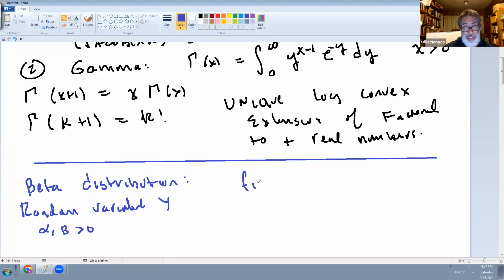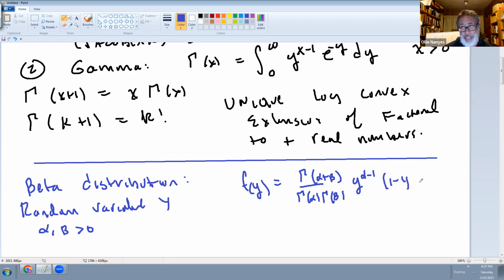And the distribution is this. f of y is going to be gamma of alpha plus beta divided by gamma of alpha times gamma of beta, then you take y to the alpha minus 1, times 1 minus y to the beta minus 1, for y between 0 and 1, and 0 elsewhere. So that's what the beta distribution is.